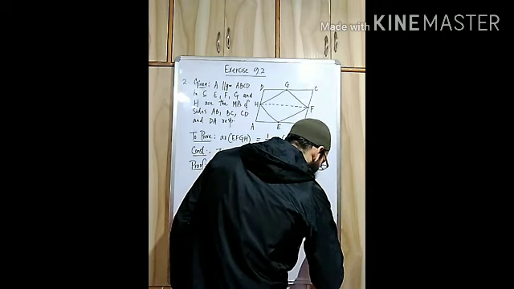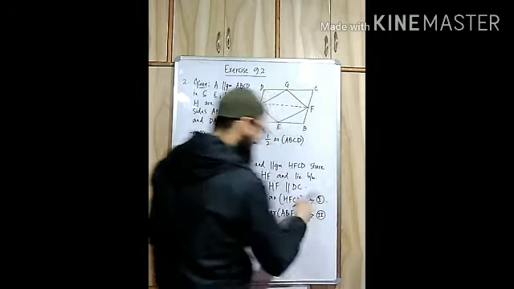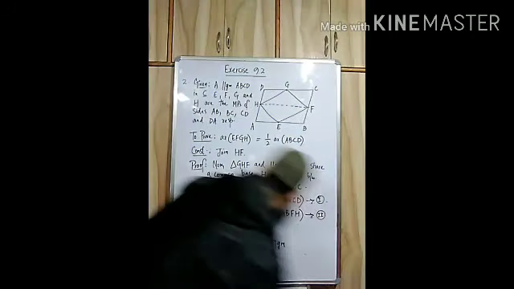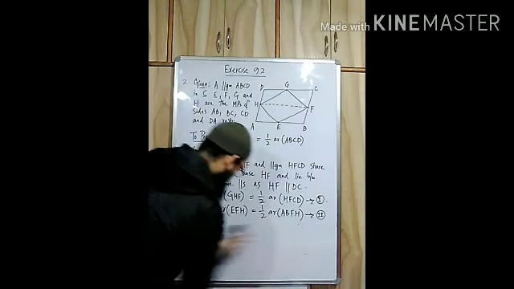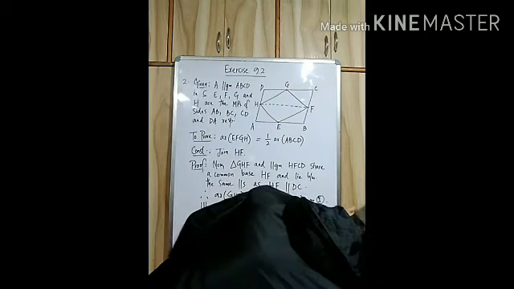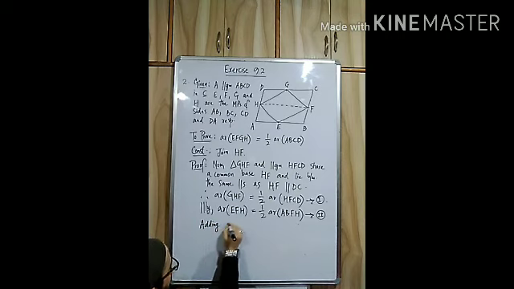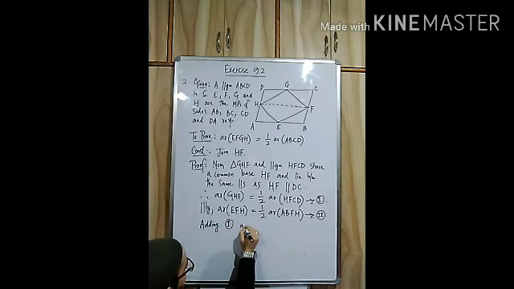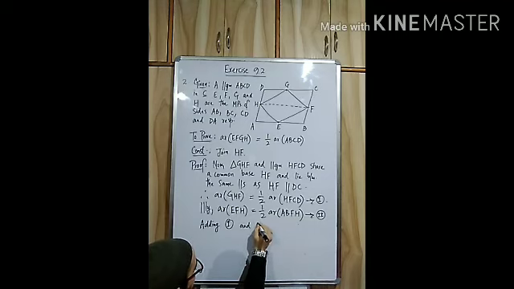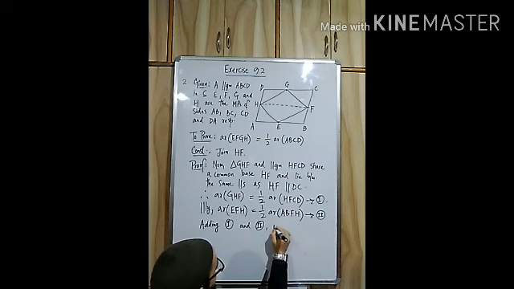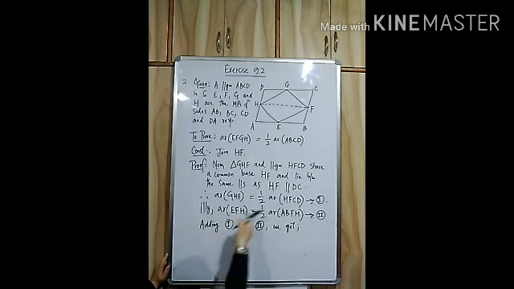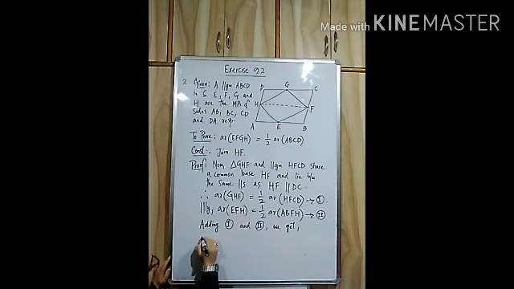Now, call it first and call it second. Now just add first and second. Adding first and second, we get this plus this is equal to this plus this.